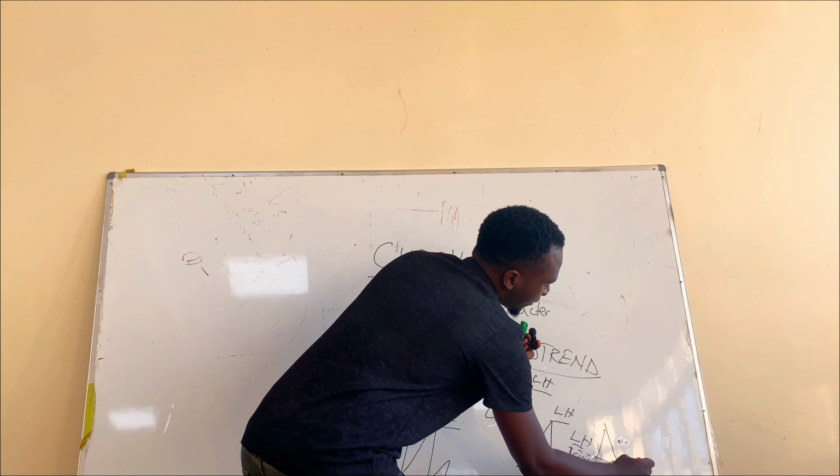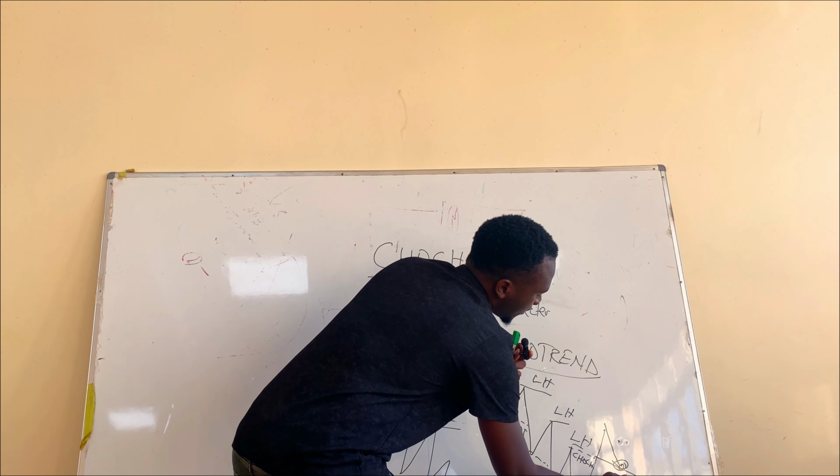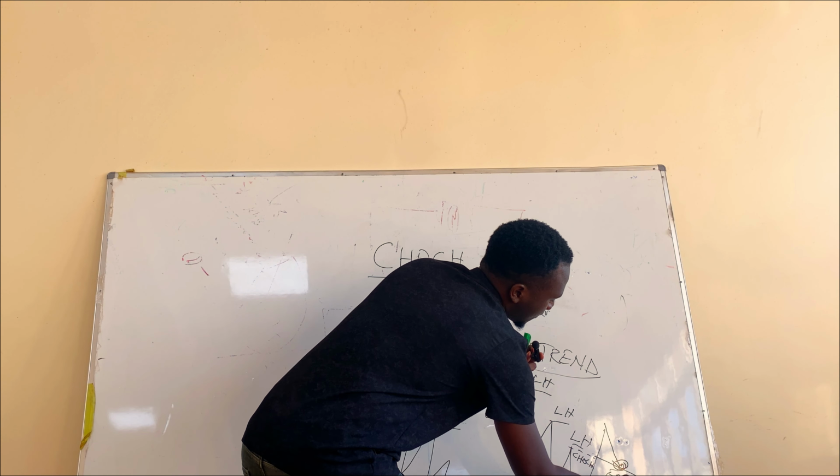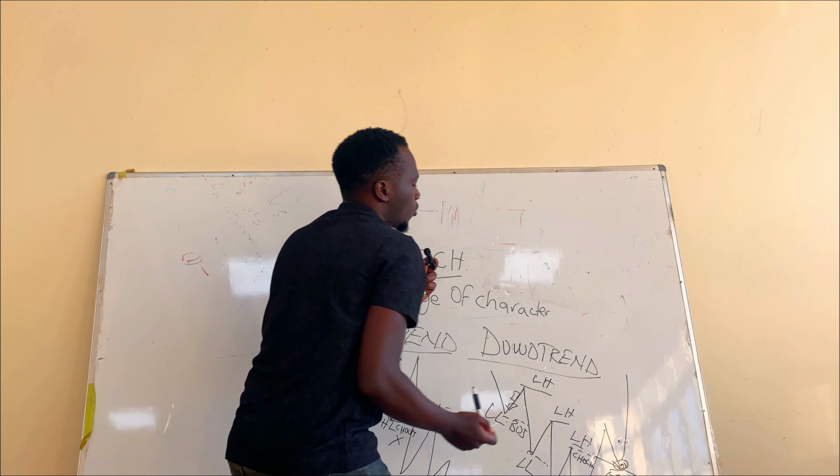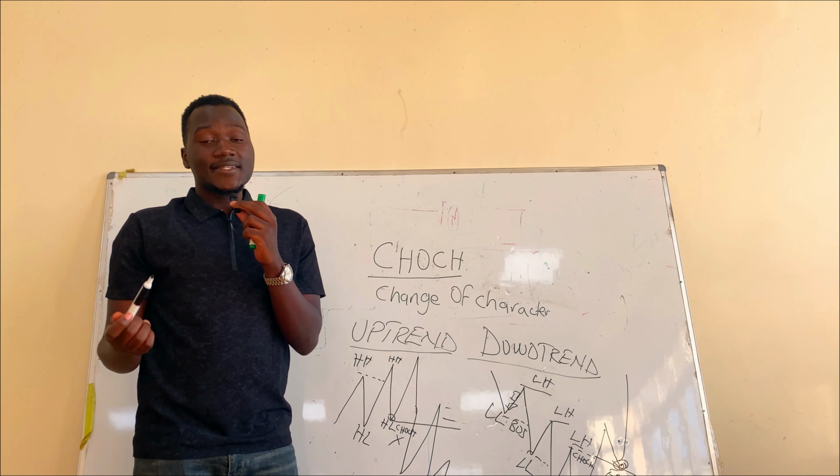Usually we have a breaker block point entry model. Here you enter from here, and then price is going to push all the way up. So what does that signal?